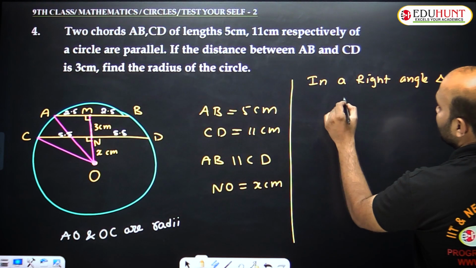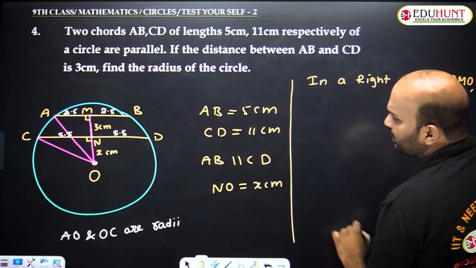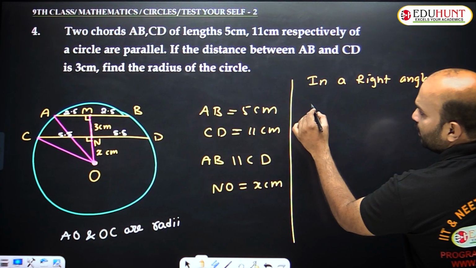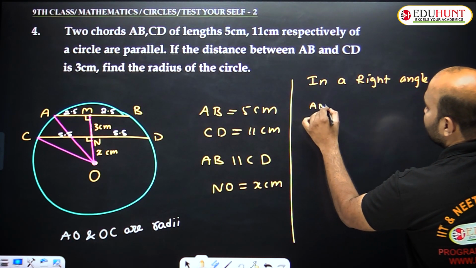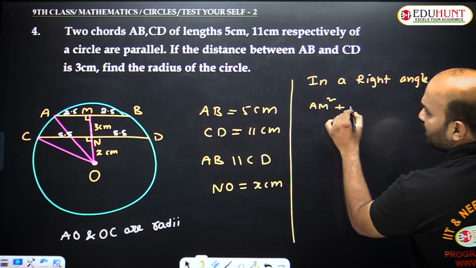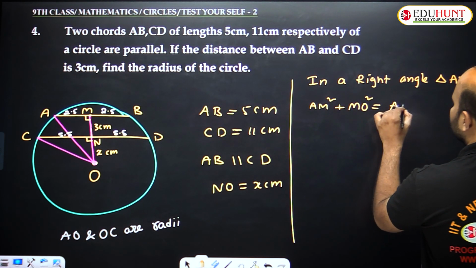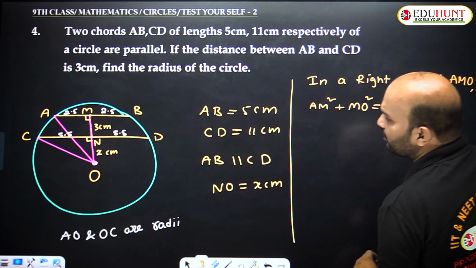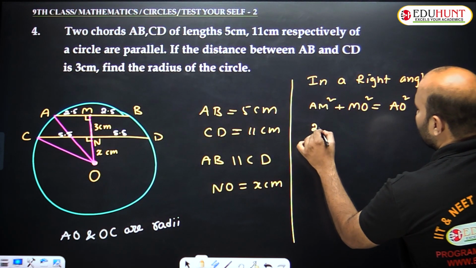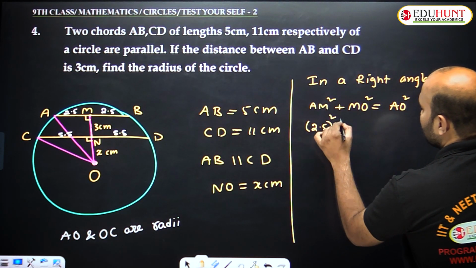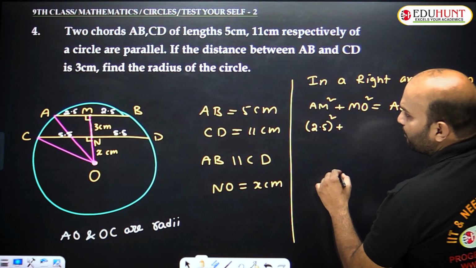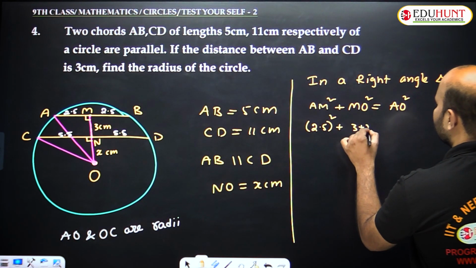according to Pythagoras law, side square plus side square equals hypotenuse square. So AM square, that is a side, plus the other side MO square equals AO square. AM is 2.5, whole square, plus MO is 3 plus X, whole square.